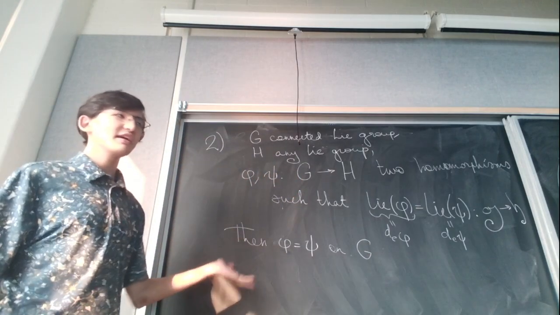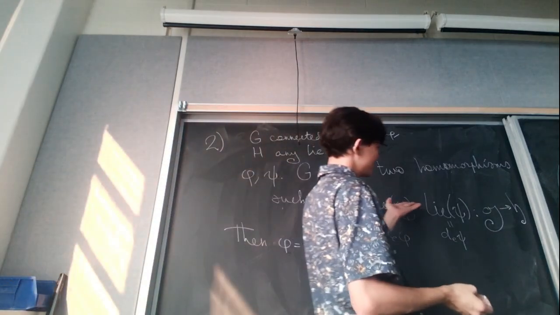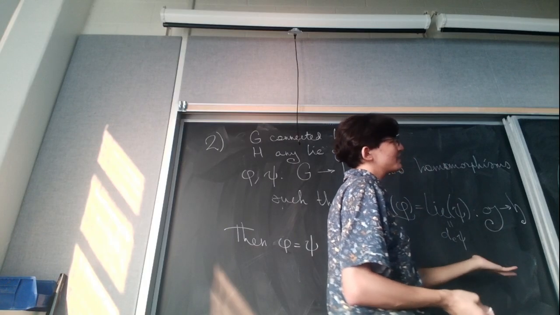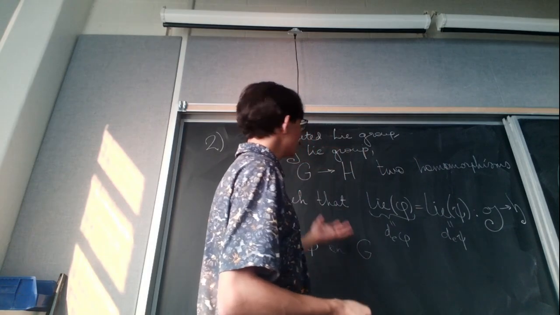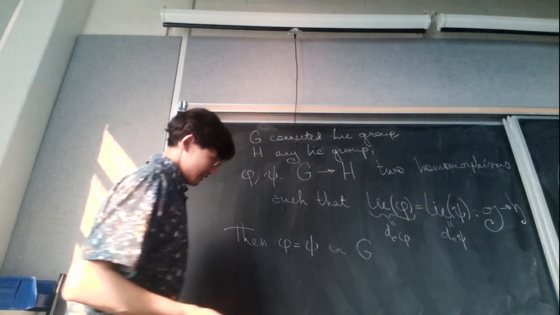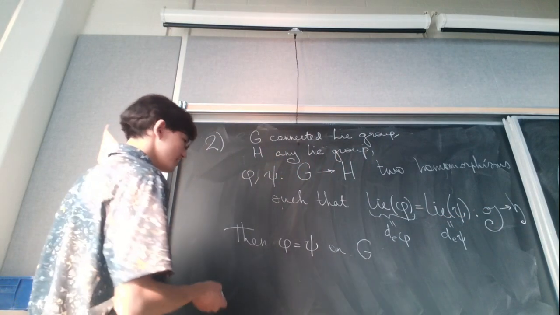So again, the statement is: a group homomorphism from a connected group is determined by its differential at the identity.